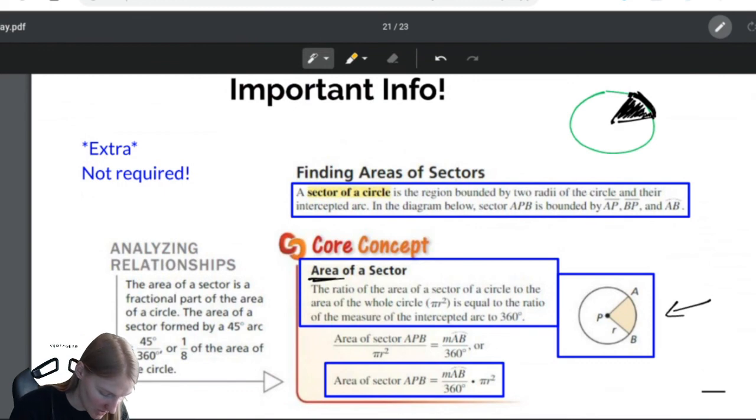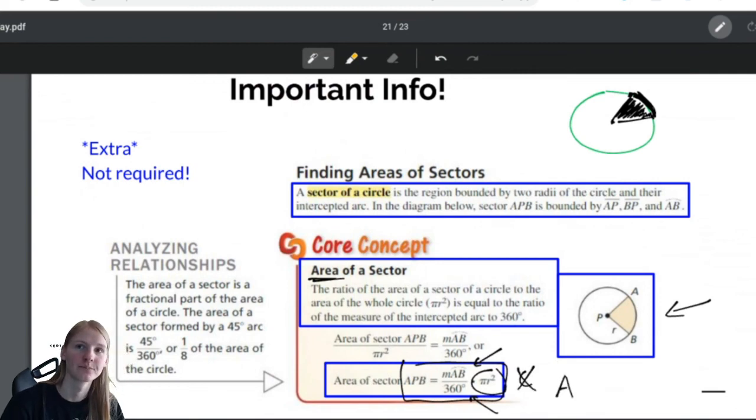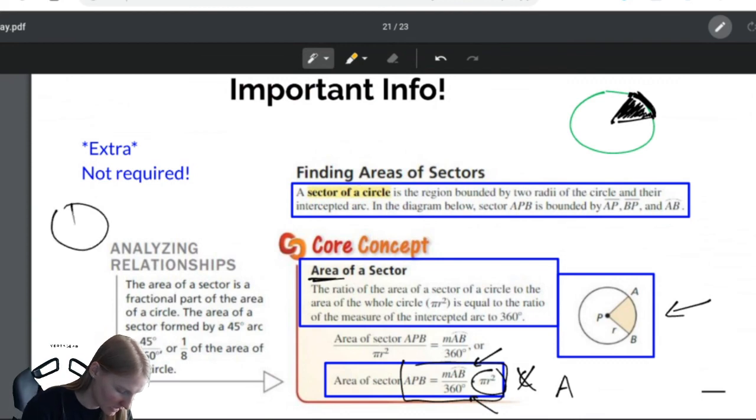And you can see that the formula is exactly the same. You take the measure of that arc, divide it by 360, and then this, instead of being the circumference, it's the area. But that's it. You're still just taking a fraction of the area. So like we looked at before, if I want to know what the area of this sector is, it's half of the area.